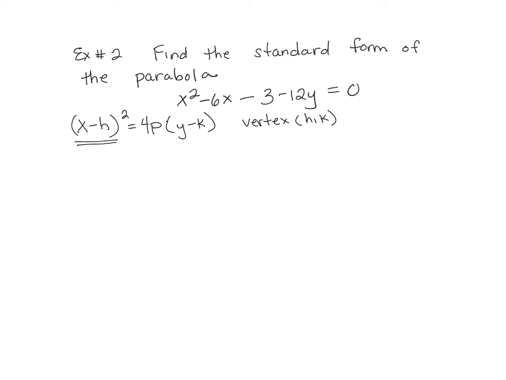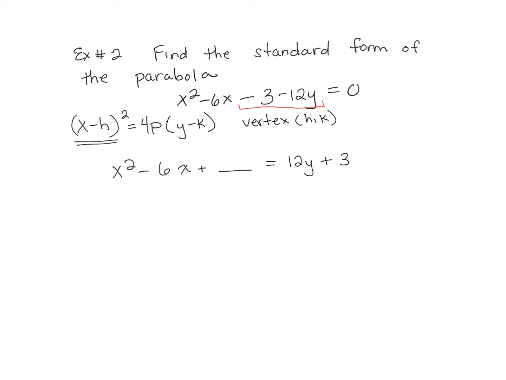And our vertex is going to be h, k. So we're going to start this process by moving the 3 and the 12y to the other side. So we'll have x squared minus 6x. I'm going to leave a little blank here because we're about to add some, which is going to give us on the right-hand side 12y plus 3.